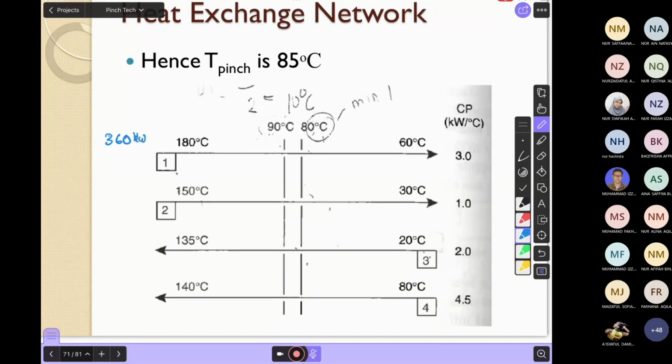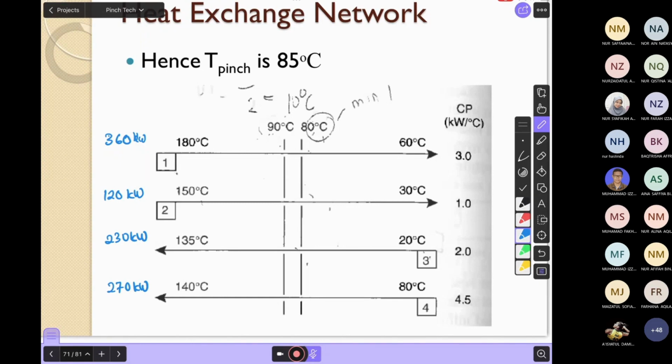For the second one, you need 120 kilowatt. The third one, you need 230 kilowatt, and the fourth one, you need about 270 kilowatt. So by looking at this, you can make choices.